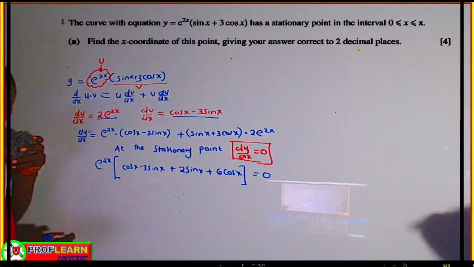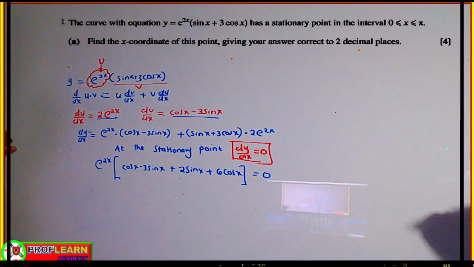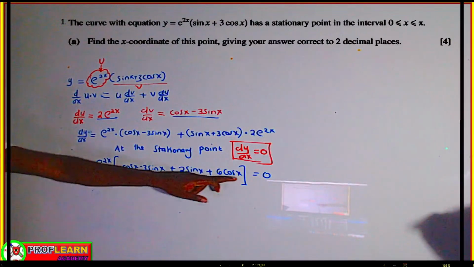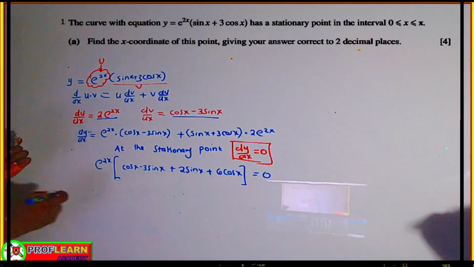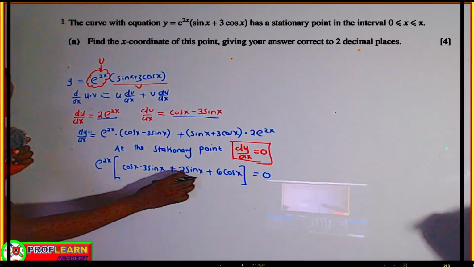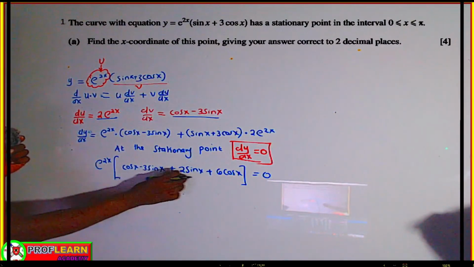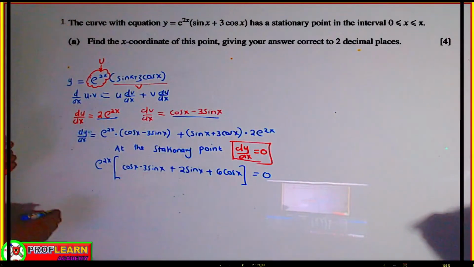So at this given point, if you open your eyes widely, you can see we have cos x plus 6 cos x, which is going to give us 7 cos x, and this minus 3 sin x plus 2 sin x is going to simplify.